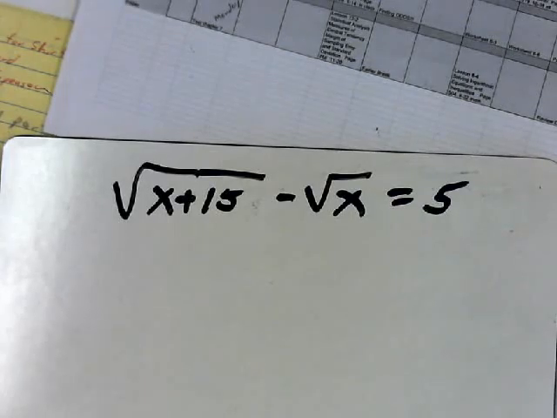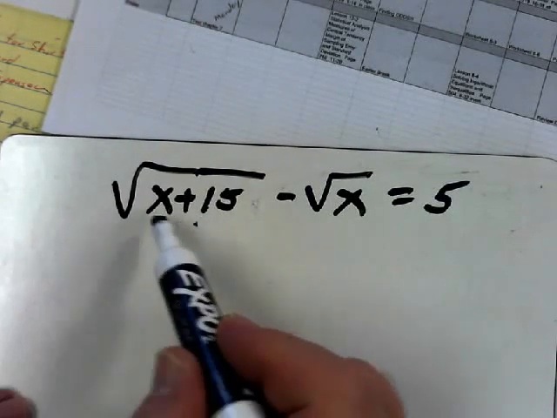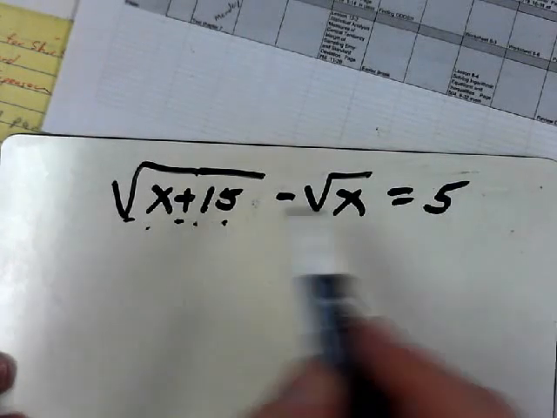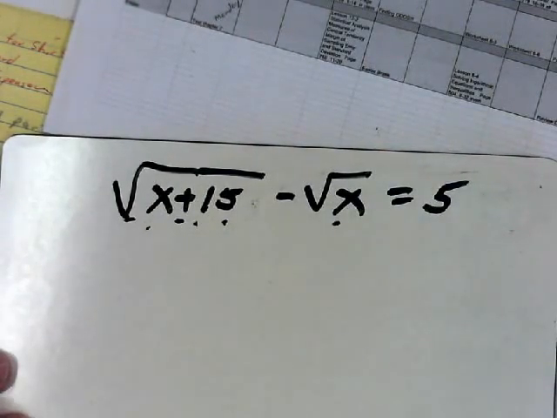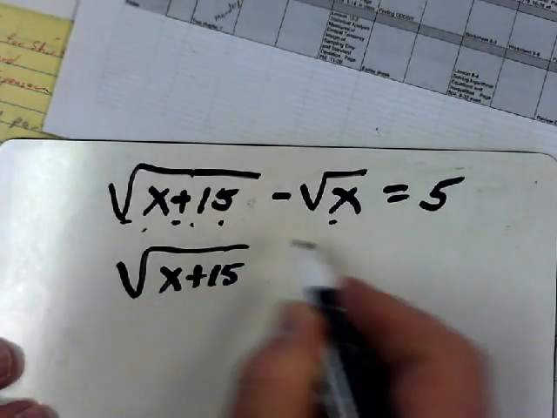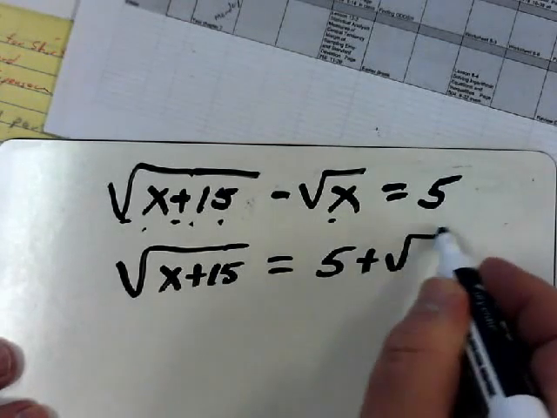Two radicals again. I need to isolate one of those radicals, correct? And I said, most generally, the easiest way to do that is to isolate the more complex one, right? So I want to try and get this one by itself on one side, because this one looks more complex than just this, doesn't it? So if I do that, I'd have x plus 15 equals 5 plus the square root of x.